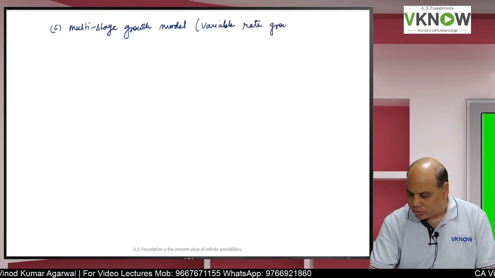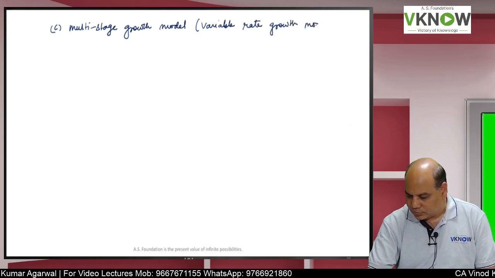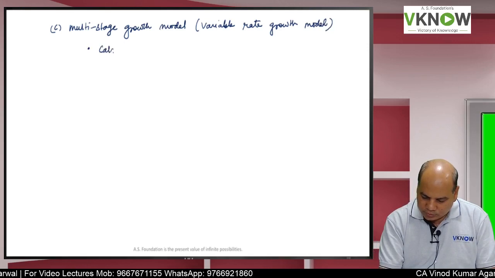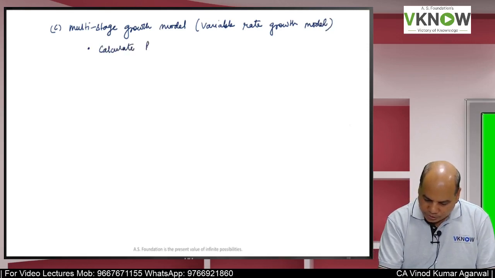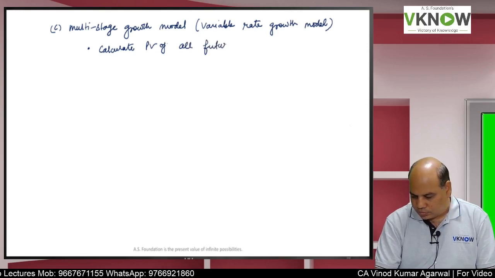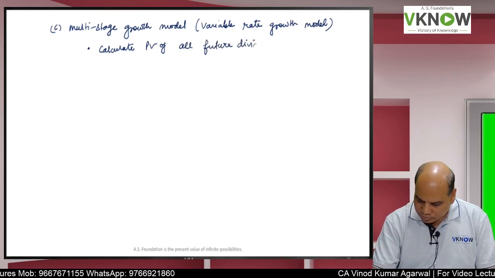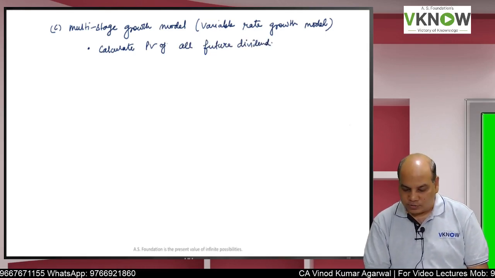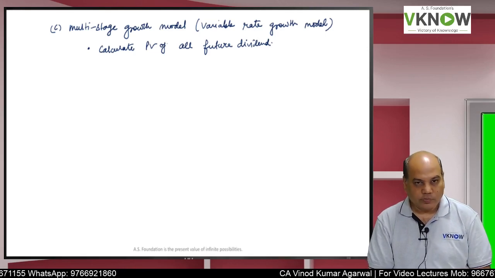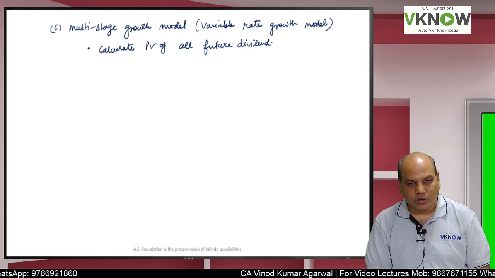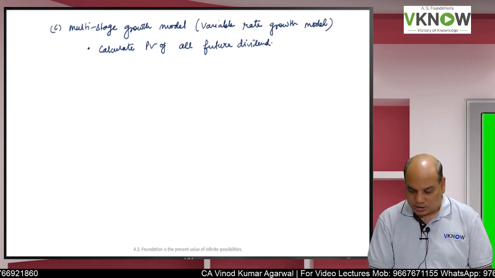So here more than one growth rate may be given. Is it right? So here calculate present value of all future dividend. I will solve one question of each variety so that you will understand each model with the help of one example also. So continue to pay attention.